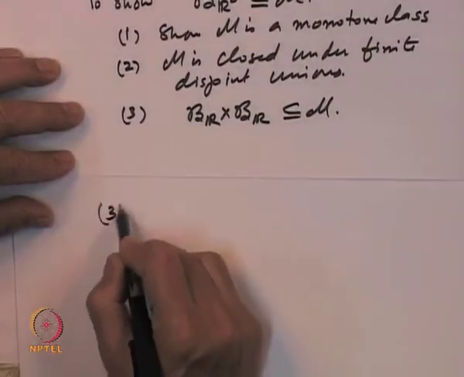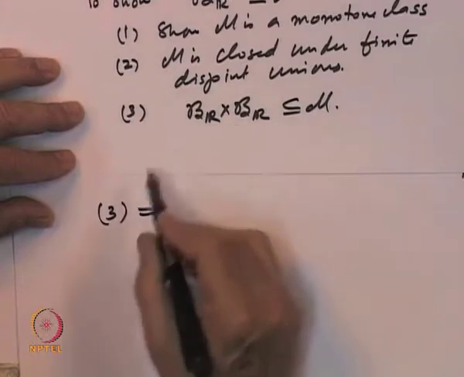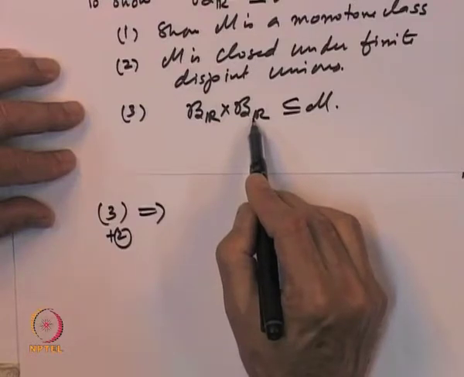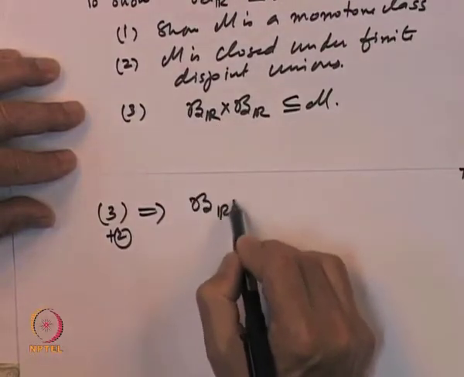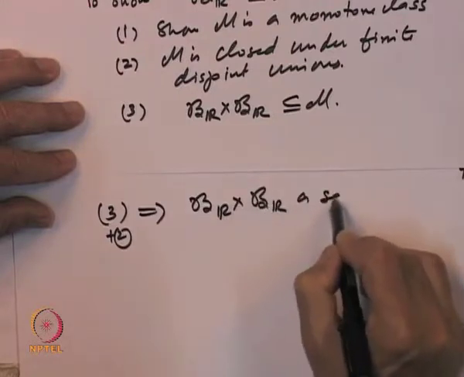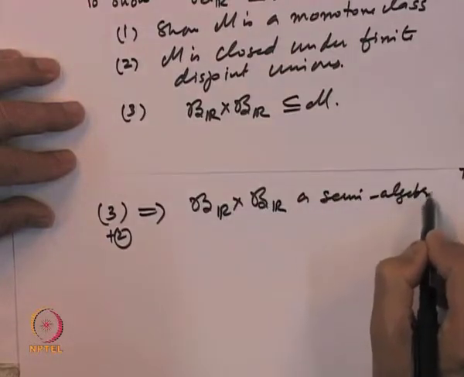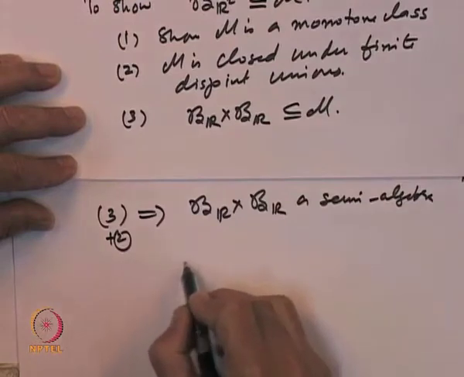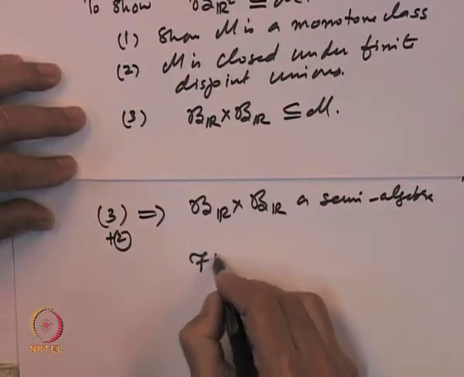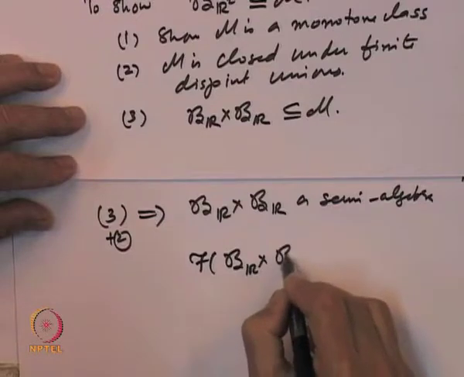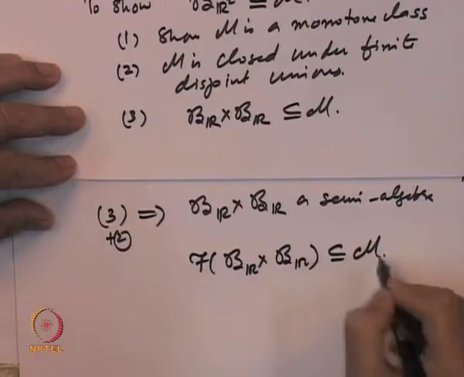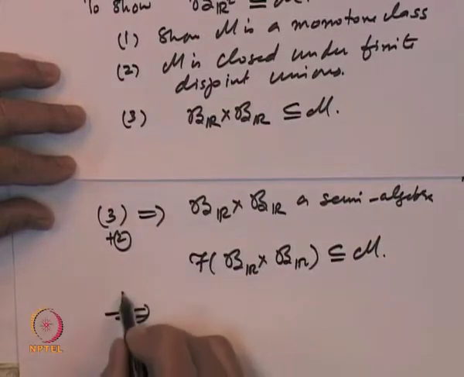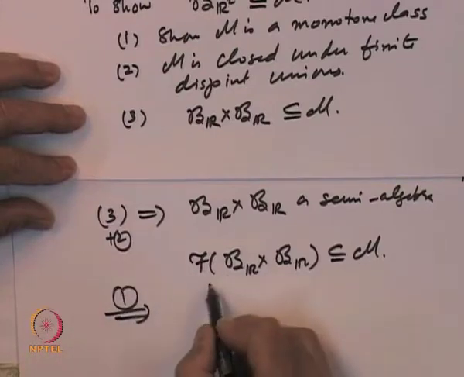So, 3 will imply 3 plus 2. This is a semi algebra, because B R cross B R is a semi algebra. It is inside M, and M is closed under finite disjoint unions, which will imply that the algebra generated by B R cross B R will be inside M. Now by 1, M is a monotone class, so it includes this algebra.